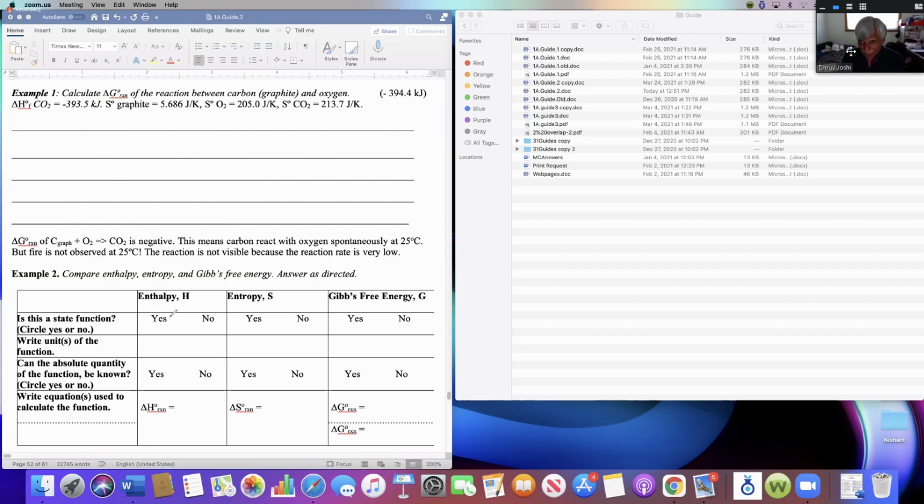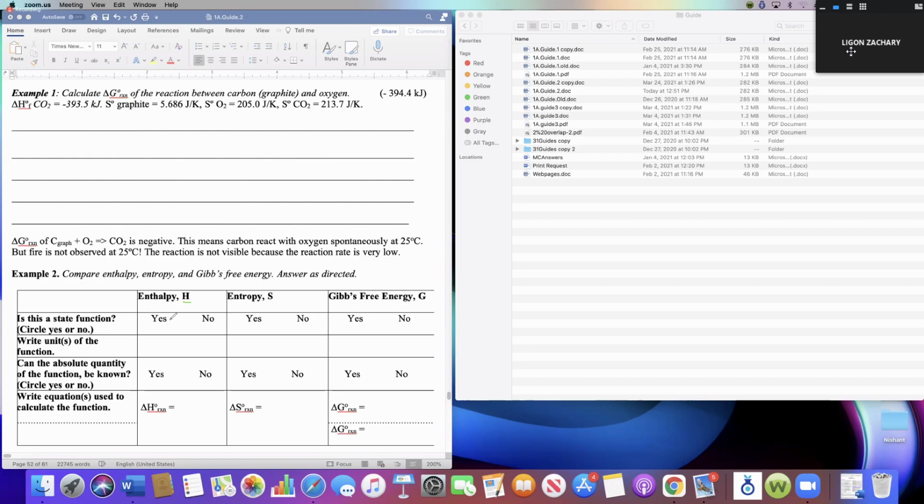Is this a state function or a path dependent function? Let's start with Zachary. Is it a state function or path dependent function? Zach? I'm not sure. Oh, it's very easy. What do you see here? Is it uppercase or lowercase? It's uppercase. Therefore, it is a state function.